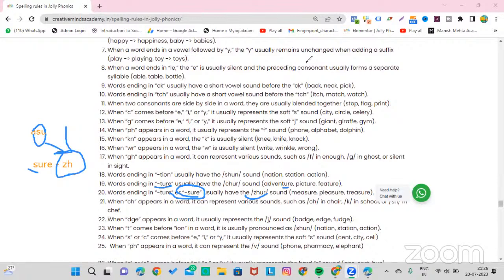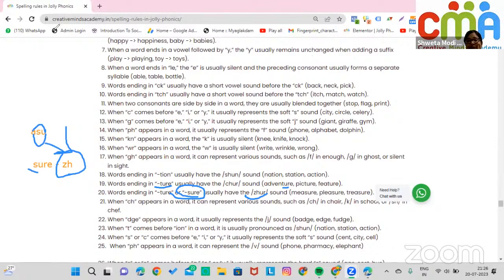Write in the chat box. So you have two S. Neither S is surrounded by vowels. If you take the first S, it has a consonant after it. If you take the second S, it has a consonant S before it. If there was a single S, it would have been the zh sound. But because there are two S, that protects it, and that's why it doesn't change to the zh sound. Okay.